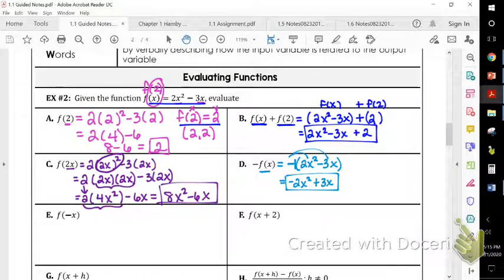E is almost the same, but now the negative is inside. And so it's more like A and C. So we know we're going to plug negative x in for our x. So we have 2x squared minus 3x. But remember, we're plugging in negative x this time. So because it's squared, I'm going to write it out twice.